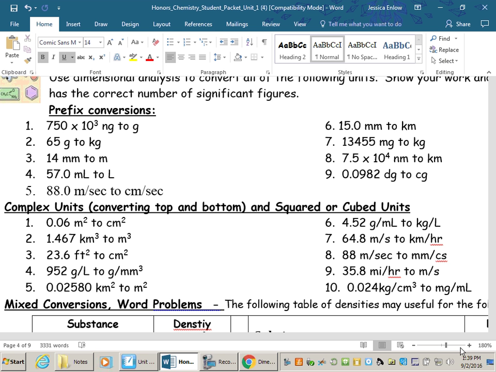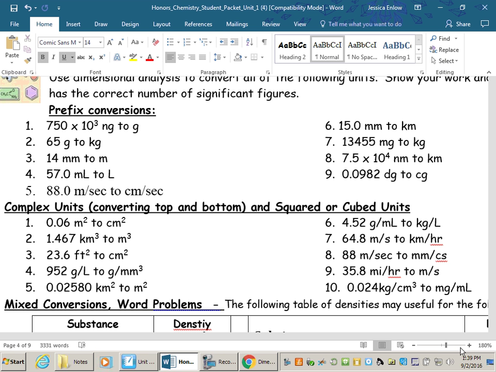Okay, so that's the number you're working with, how many nanograms you have currently. Then you're converting the nanograms into grams. So you just do the regular thing: 10 to the 9th nanograms to 1 gram. And then you divide or multiply.